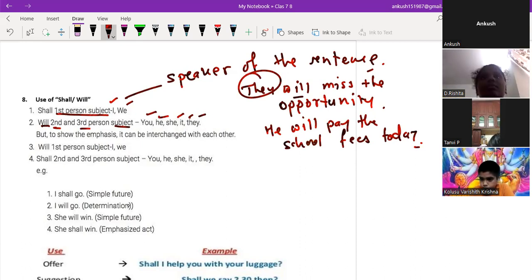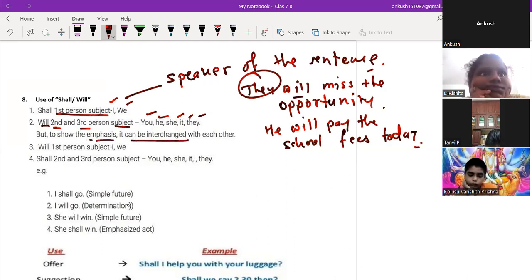You are speaking this in the morning, so you predict for a later time. So for second and third person we use will, but to show emphasis, it can be interchanged. Emphasis in the sense, what if you want to pressurize something?